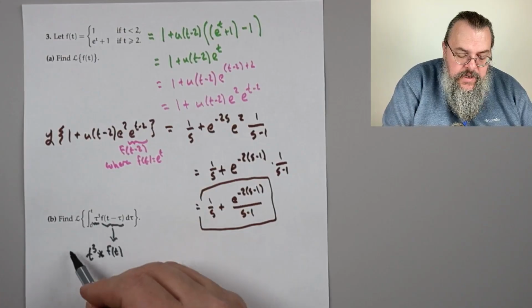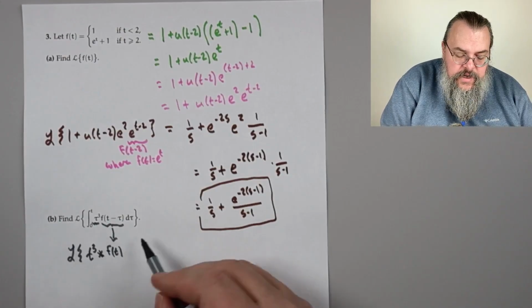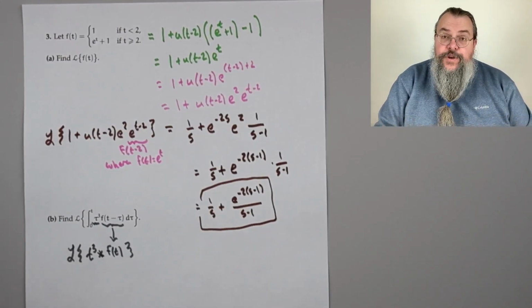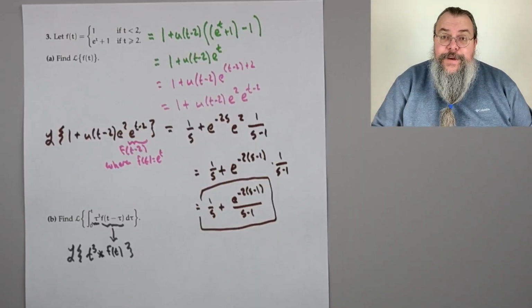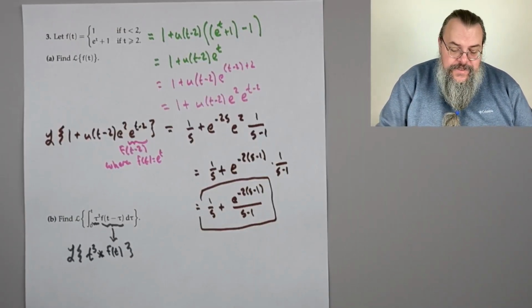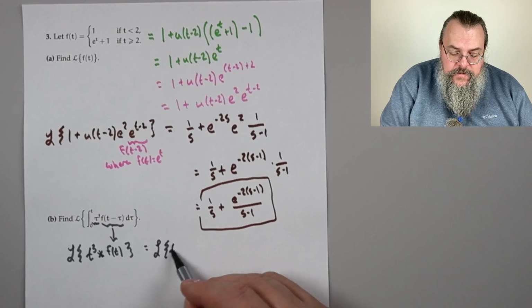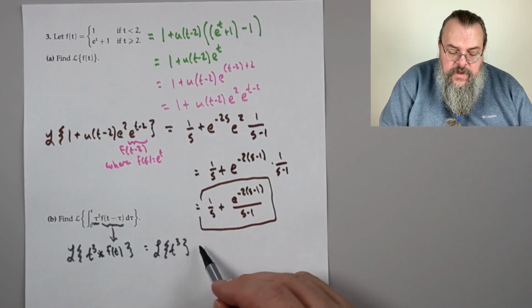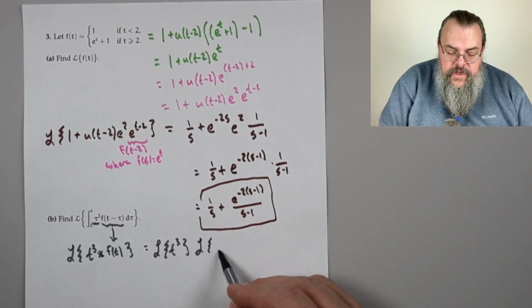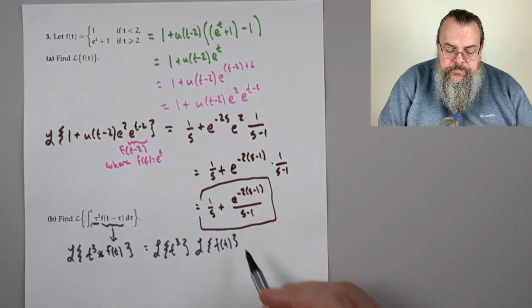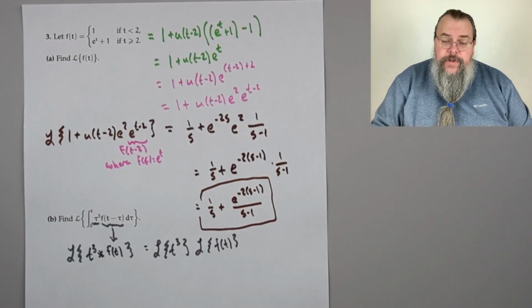So we're really taking the Laplace transform of t cubed convolved with f(t). The rule says this is the same as the Laplace transform of t cubed times the Laplace transform of f(t).